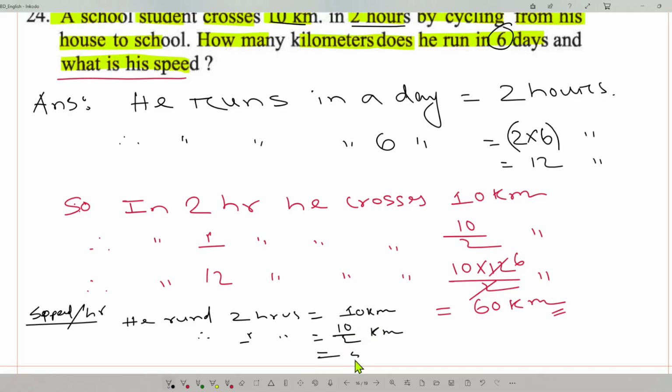It means 5 kilometers. So what is his speed? His speed is 5 kilometers per hour.